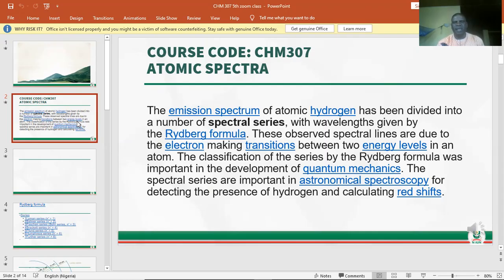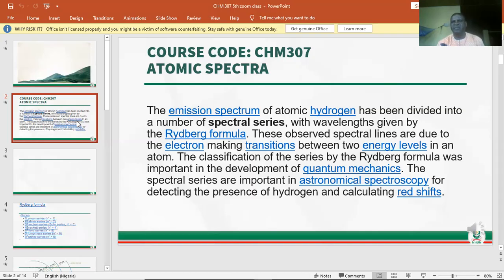So when the electrons move from the ground state to the excited state, there is always an energy involved in this very particular transition.